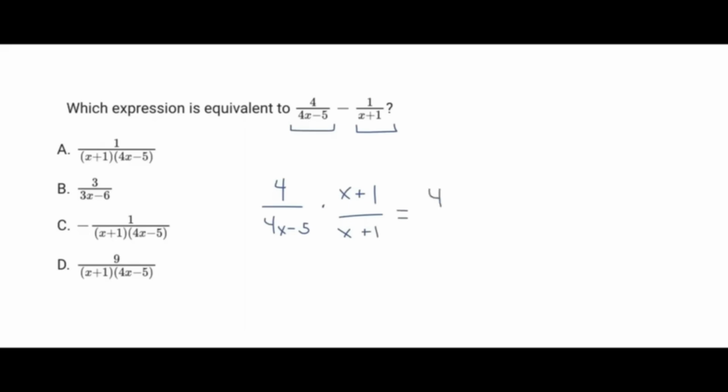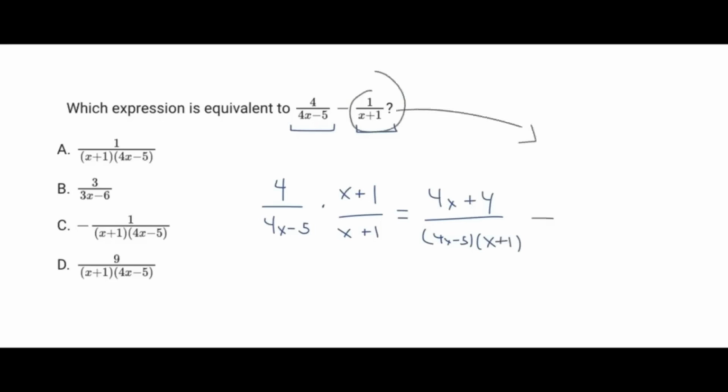And so here we'll get 4x plus 4 over 4x minus 5 times x plus 1. And so now we'll just want to do the same thing to the other side. So here we have this term right here, 1 over x plus 1.